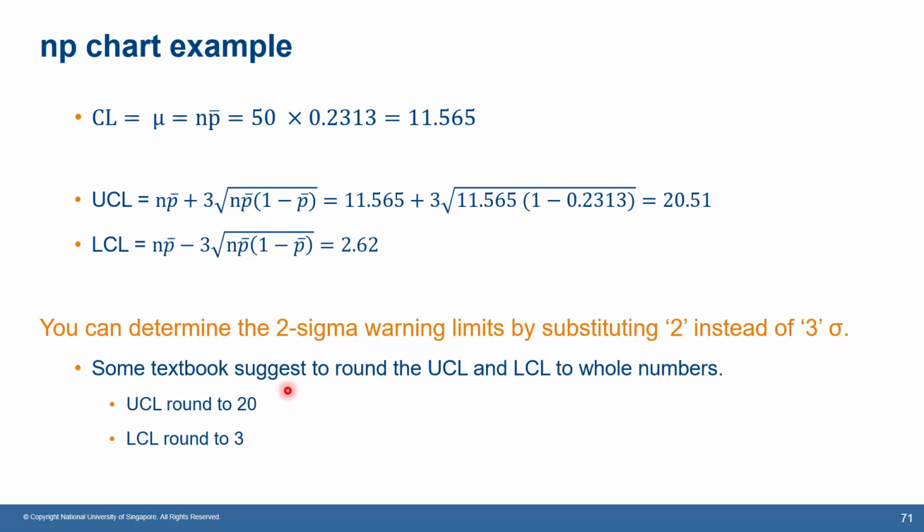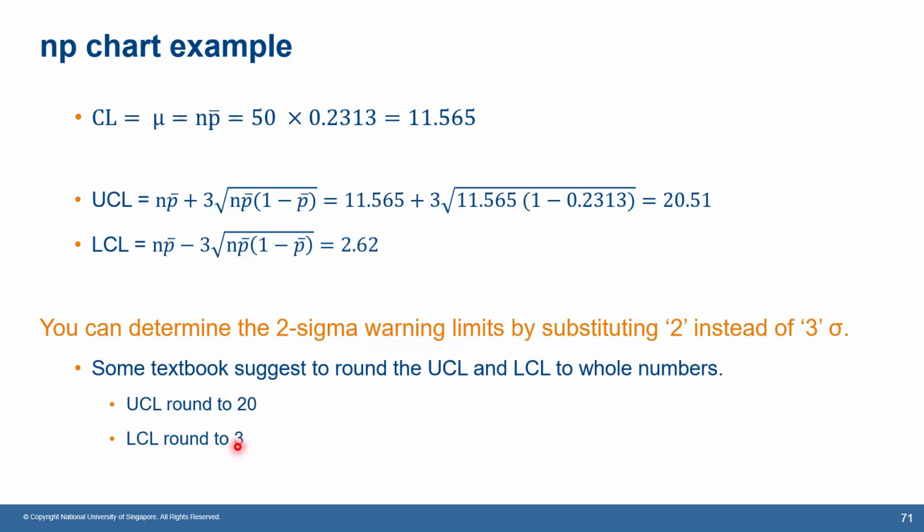So in this case, if you were to round off the upper control limit, you would round to 20. You wouldn't round it to 21, because any point that is touching the upper control limit is still considered valid. It's still considered within control, and any point touching the lower control limit is still within control.